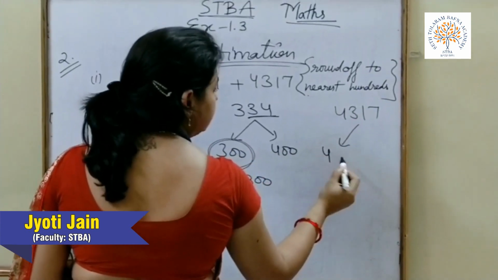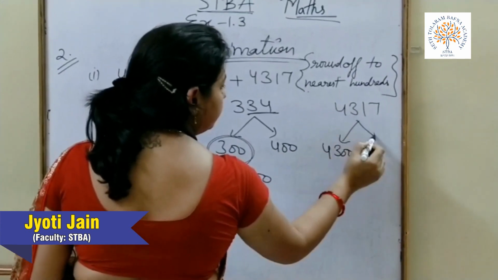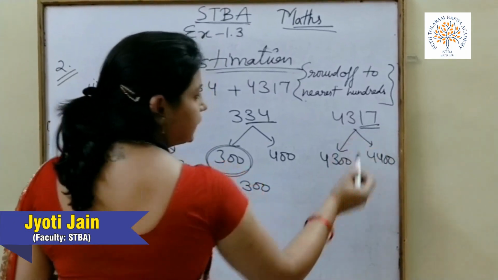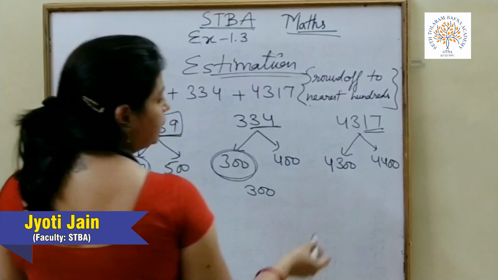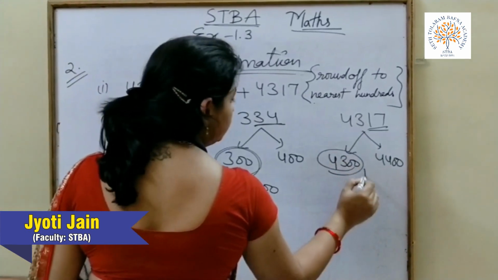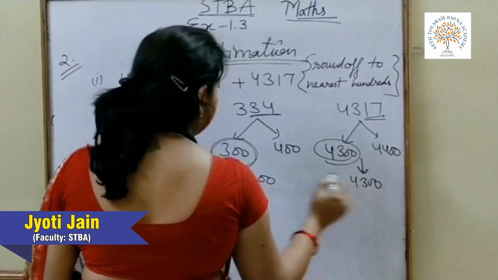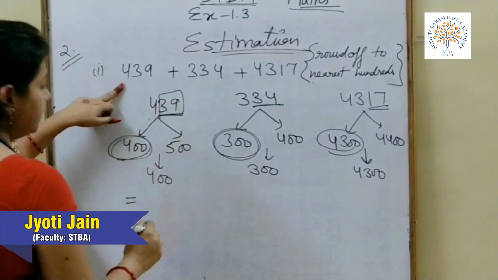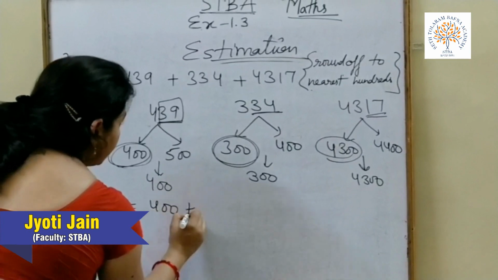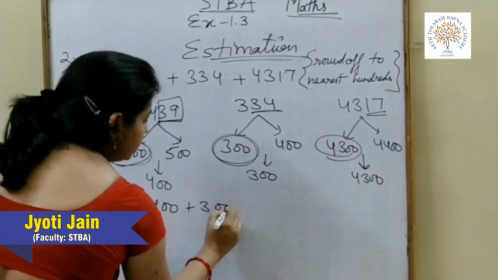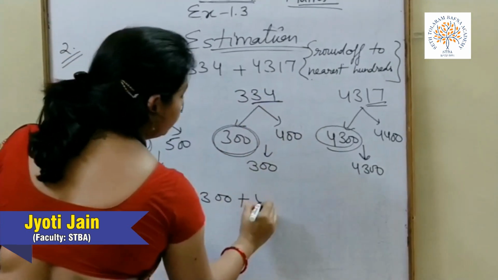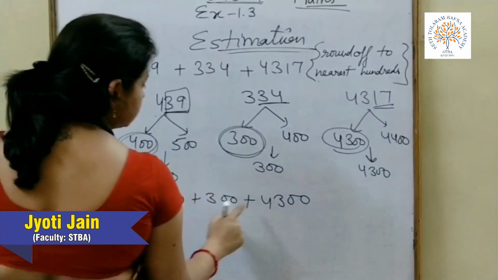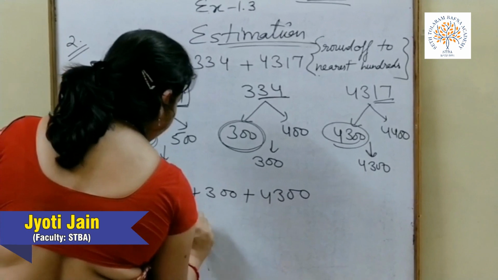The hundreds are 4,300 and 4,400, and the last two digits are 70, which is greater than 50, so it will be rounded off to 4,400. So replace that. The estimated value of this number is 400, this one is 300, and the last one is 4,300. So add them. This one is 5,000.